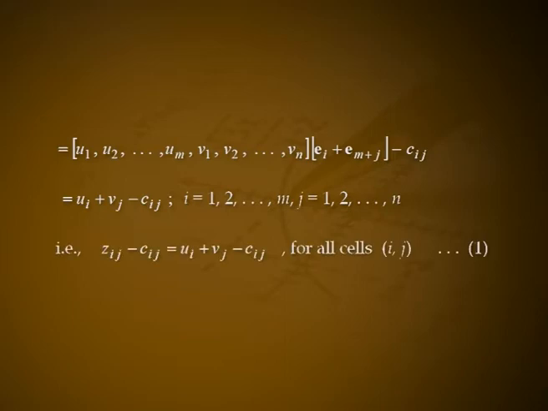That is equal to u1, u2, etc., um, v1, v2, etc., vn into ei plus e(m+j) minus cij, that is equal to ui plus vj minus cij for i equal to 1, 2, etc., m, j equal to 1, 2, etc., n. That is, zij minus cij equal to ui plus vj minus cij for all cells ij. Let it be number 1.